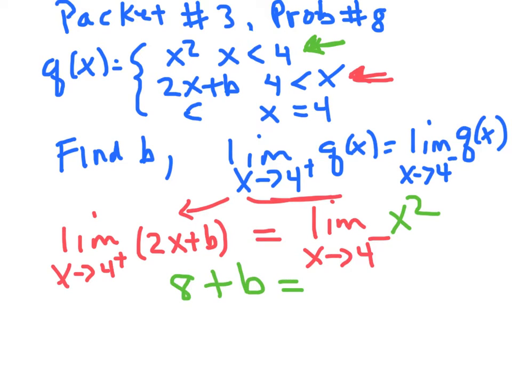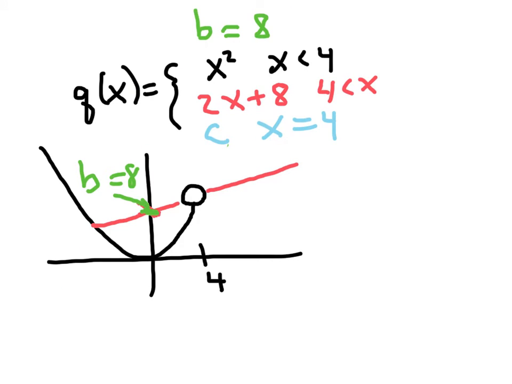If I put in 4 on the right-hand side of the equation, I would get 4 squared, which is 16. Just doing the subtraction, b would have to be 8. So we found out that b equals 8, okay?